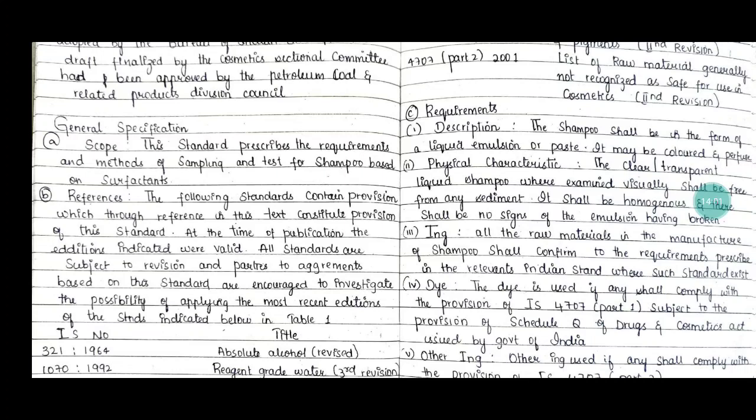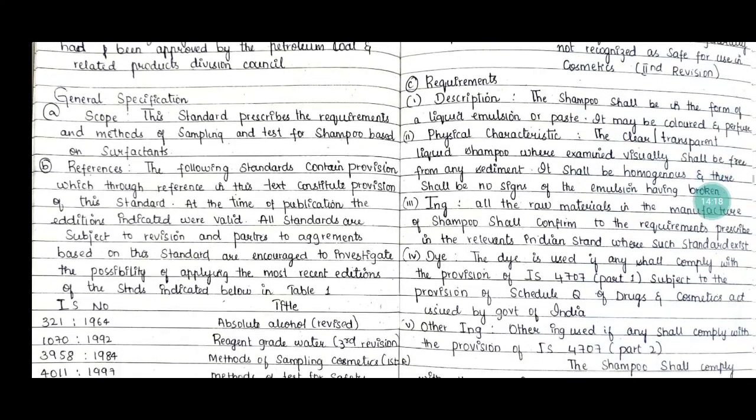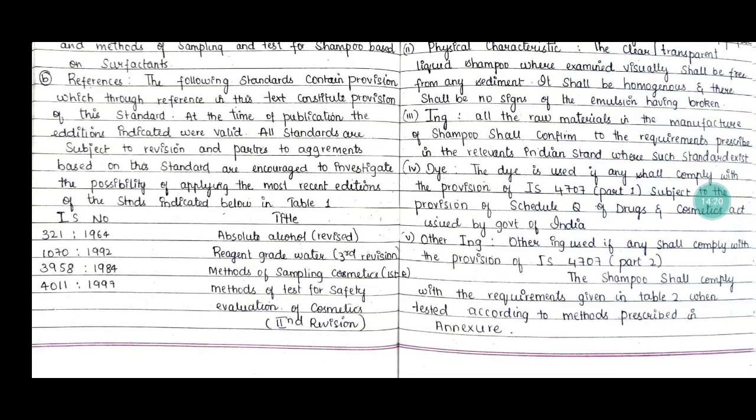And what are the references? The following standards contain provisions which, through reference in this text, constitute provisions of this standard. At the time of publication, the editions indicated were valid. This is table number 1, the Indian Standard number and the title.